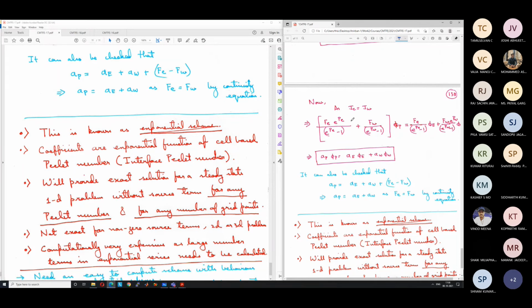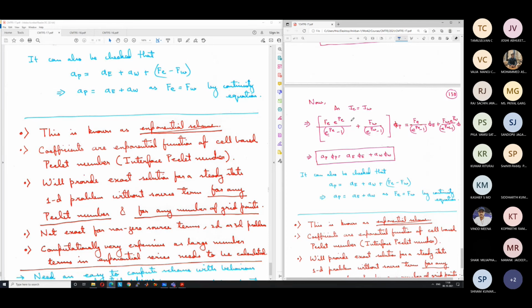So calculating an exponential term is very expensive. This is very important knowledge for any programming you do later on, not related to CFD also. We should try to avoid as much as possible the calculation of exponential terms if we want to speed up our program. Okay, because exponential terms take a lot of time to calculate.